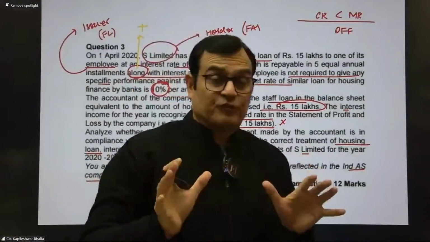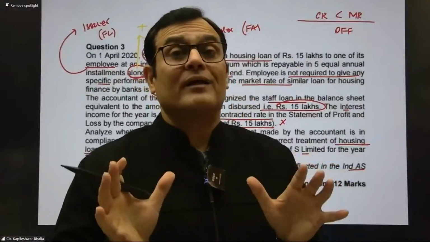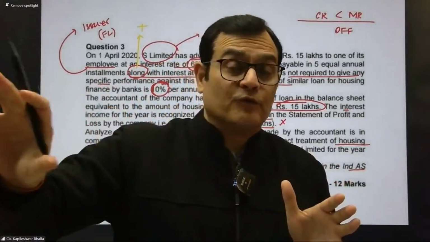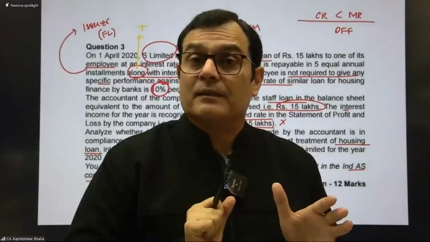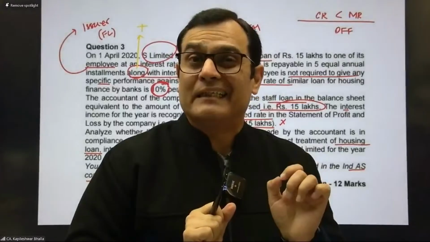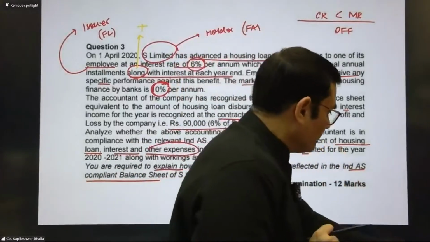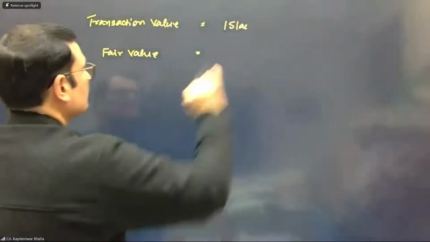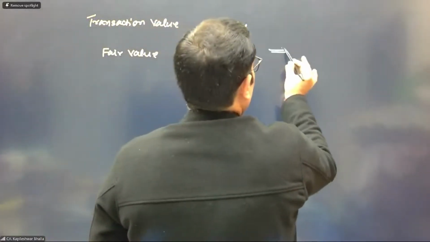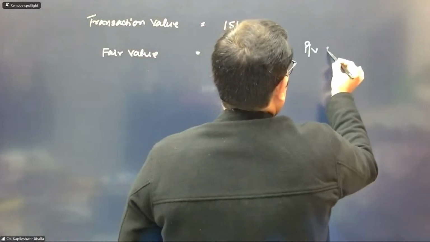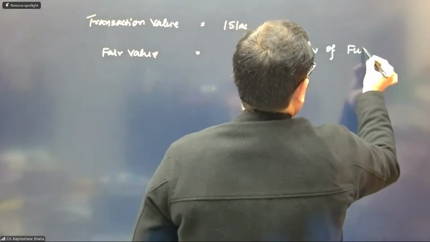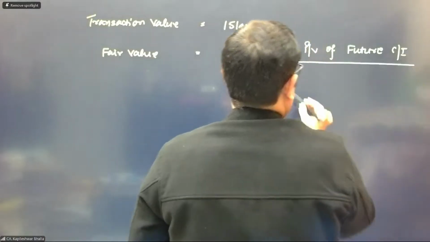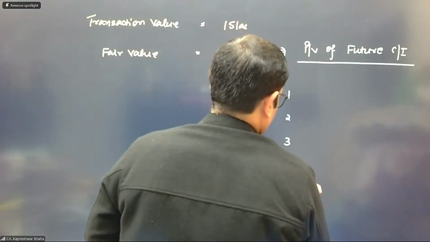So first of all, I need to organize what the interest paid each year is, because I need the present value of all those interest payments, and the principal repayments are also happening each year. So let's be very careful in calculating the present value. Let's see what the present value of the future cash inflows is. We'll organize the data for a period of 5 years.